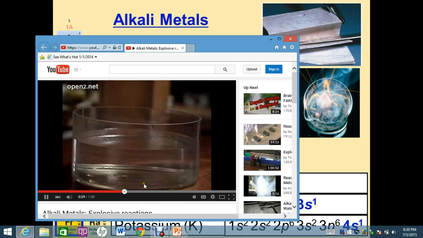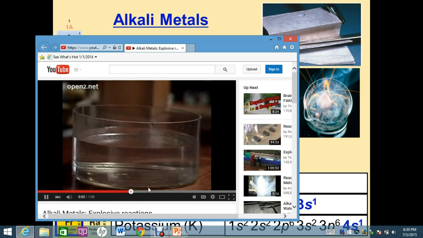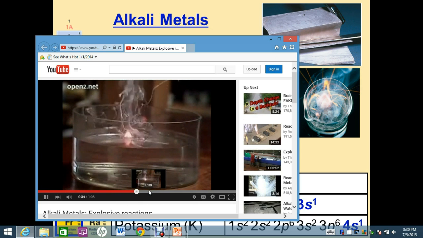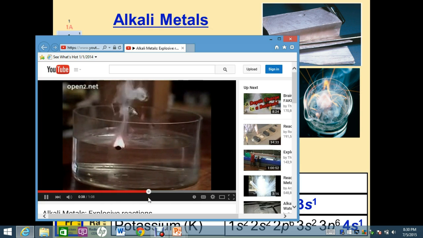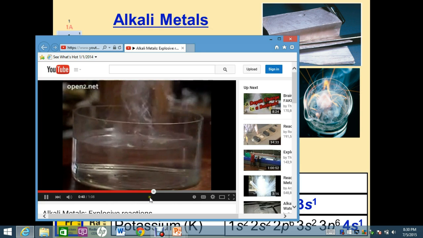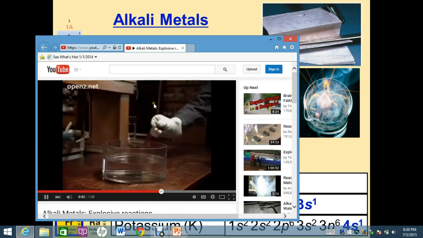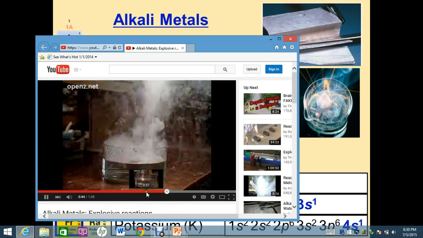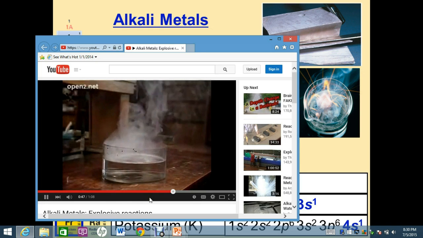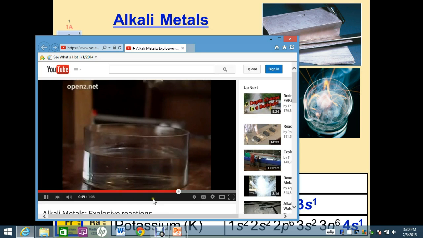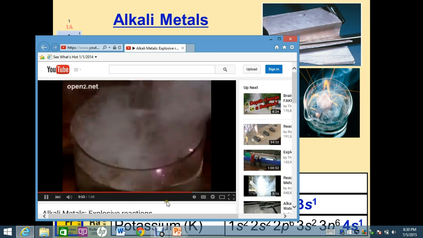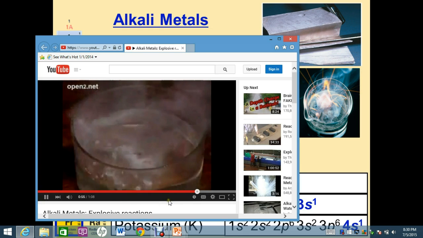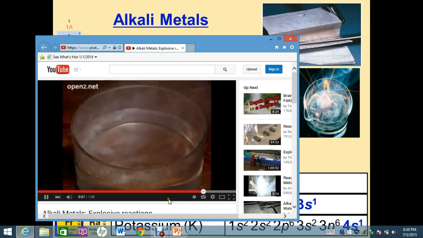Now for potassium. This time you'll see a flame. The heat given out by the reaction is produced so quickly that the hydrogen gas catches fire. It burns with a light flame. The next element is rubidium. This time, we put a safety screen between us and the reaction. You can see that things gradually become more terrifying as we go down the group. Let's try cesium, our fifth alkali metal.